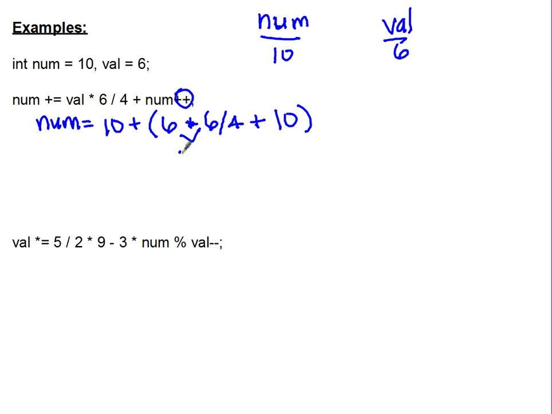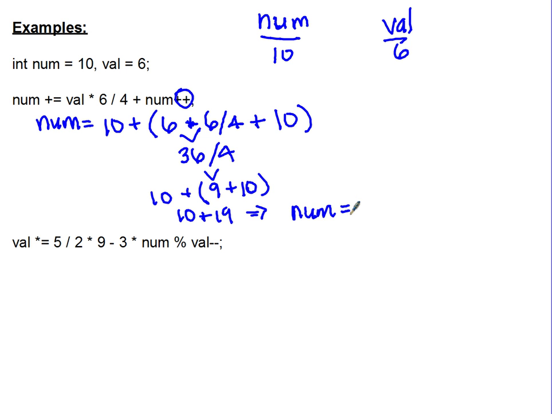So what happens in here first? 6 times 6 is 36, and I have divided by 4. 36 divided by 4 is 9, plus 10 gives me 19. 10 plus 19 is going to have num equals 29. But then don't forget this plus plus, so num became 29, and then I have a plus plus, so num becomes 30. So this 30 comes from the plus plus. The 29 comes from evaluating the rest of the problem.